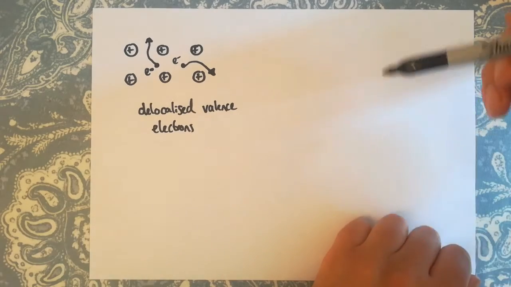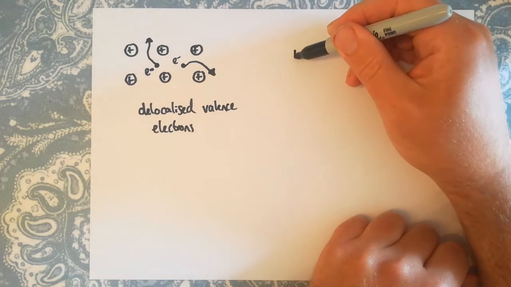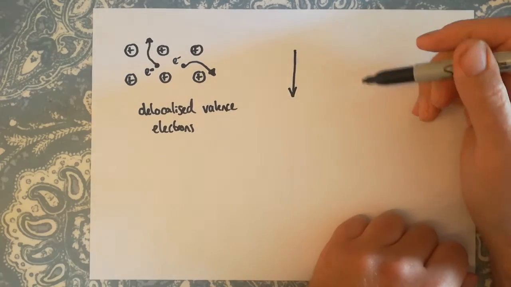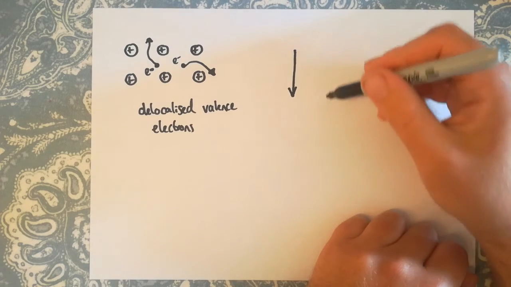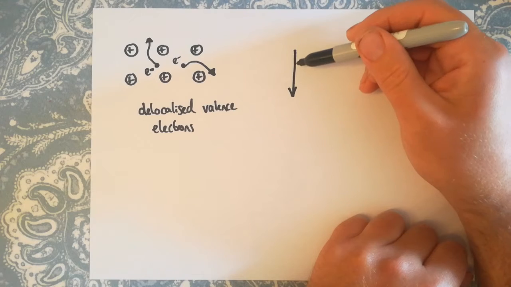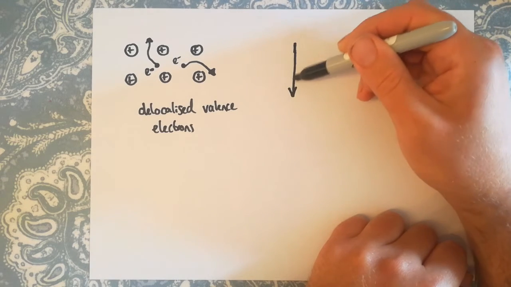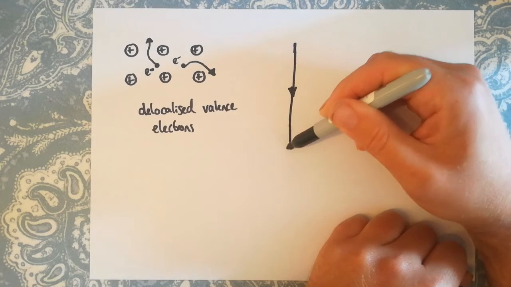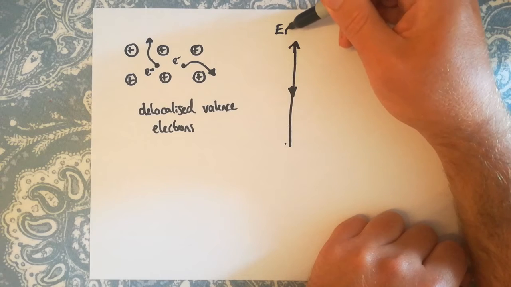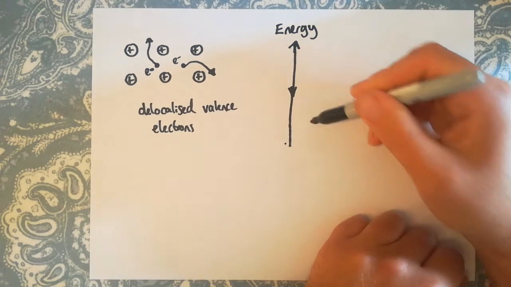So what we need to understand about these electrons is that they've got a different range of energies. Let's draw a graph of energy.